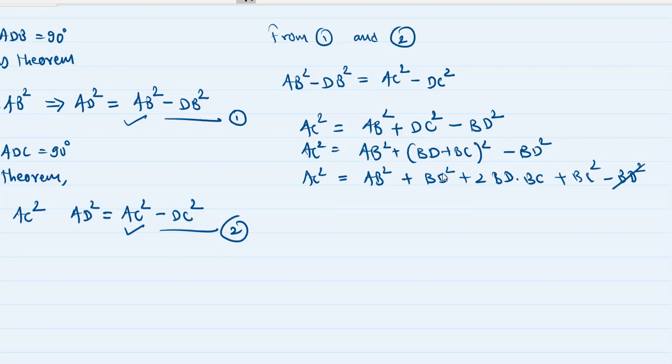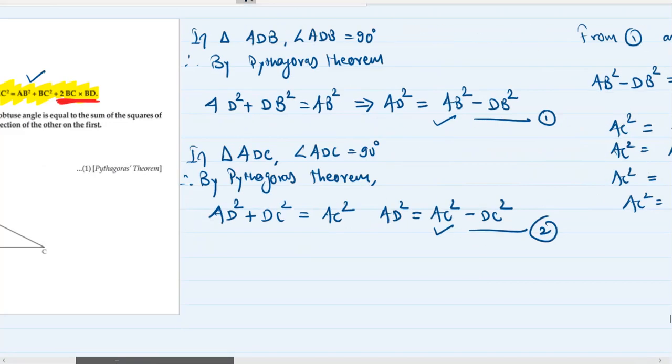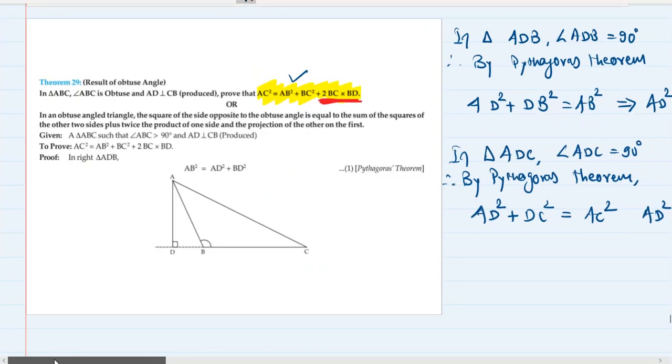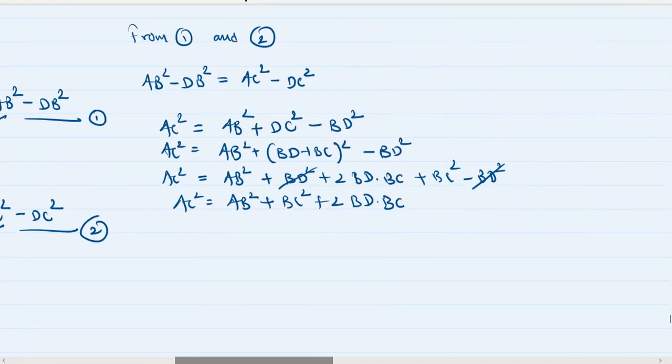So minus BD square plus BD square will cancel, and AC square is equal to AB square plus BC square plus 2BC into BD. That's what we needed to prove, and finally we have it.